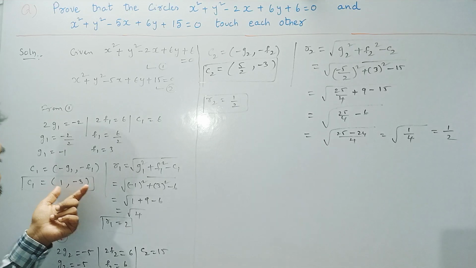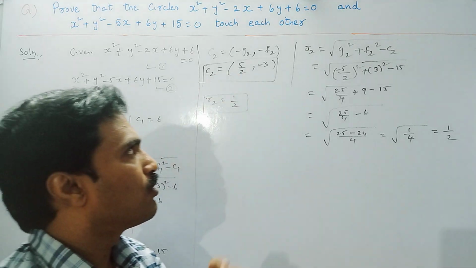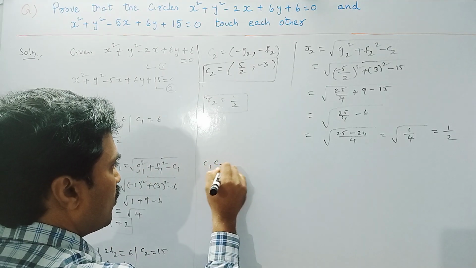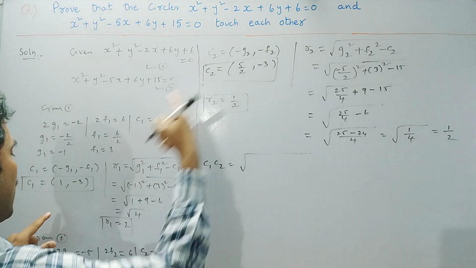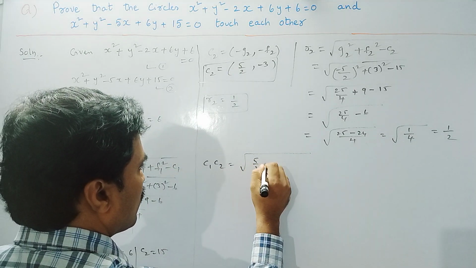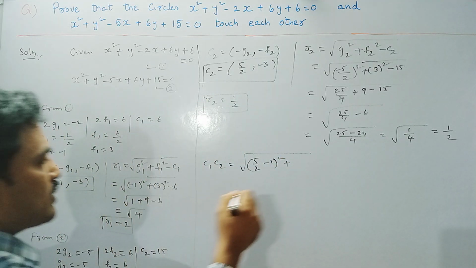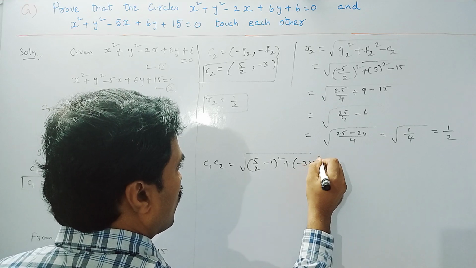Now take x1 is 1, y1 is minus 3, and x2 is 5 by 2, y2 is minus 3. So we get C1 C2 equal to the square root of x2 minus x1, that is 5 by 2 minus 1 whole square, plus y2 minus y1, so minus 3, here already minus is there, so it will be plus 3 whole square.